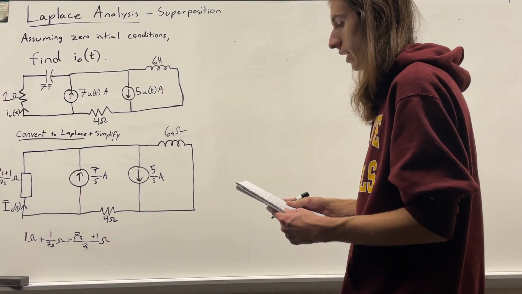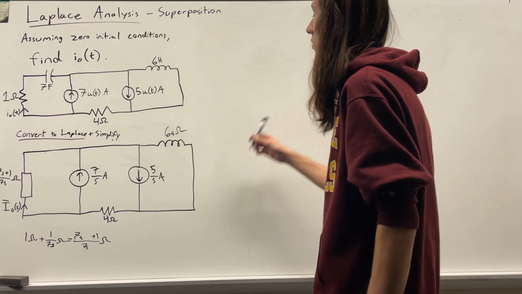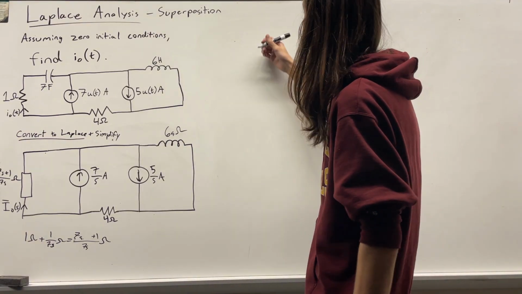We'll start by killing the 5 over S amp source. So I'll redraw the circuit.